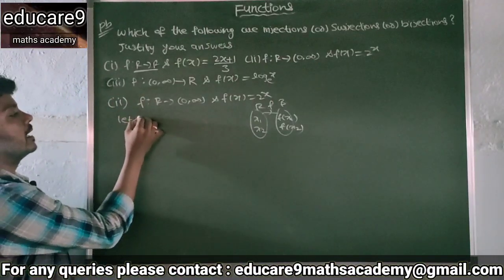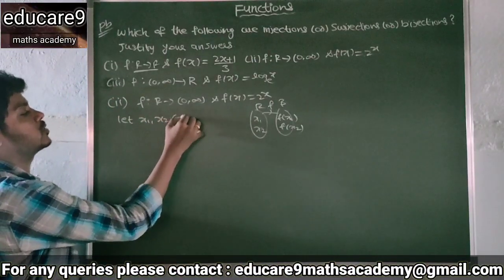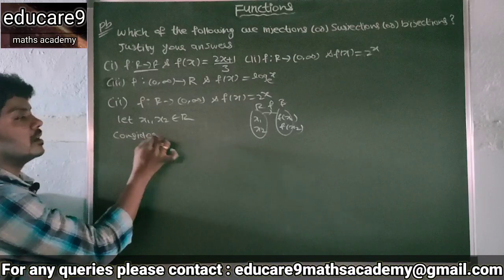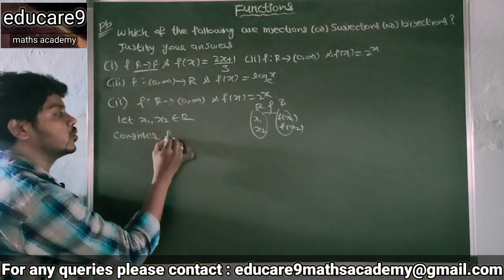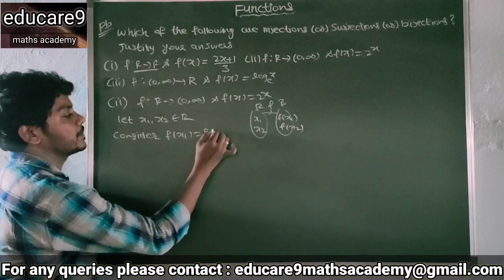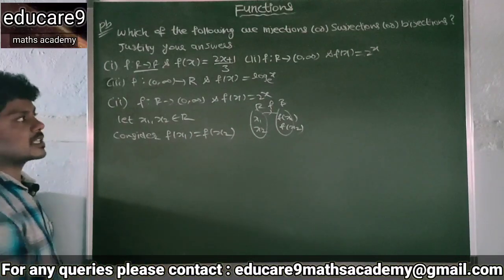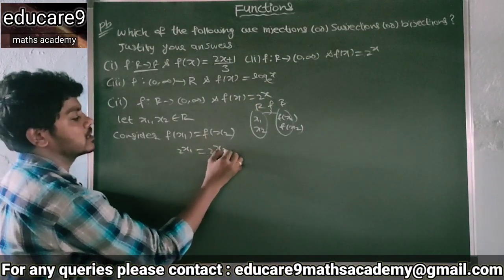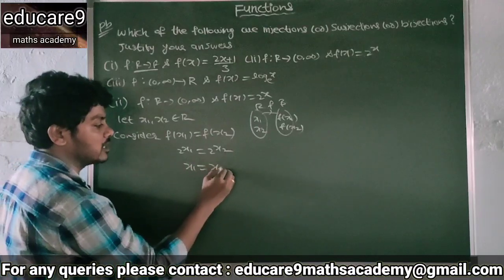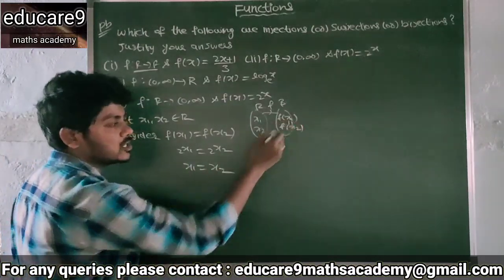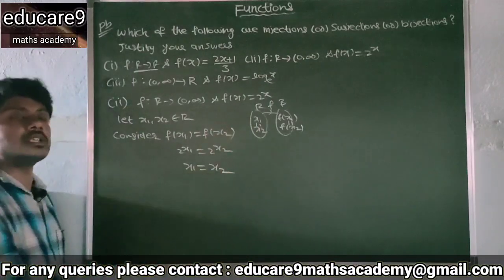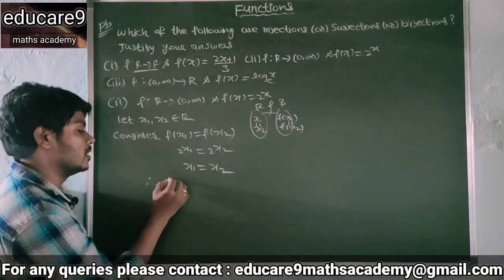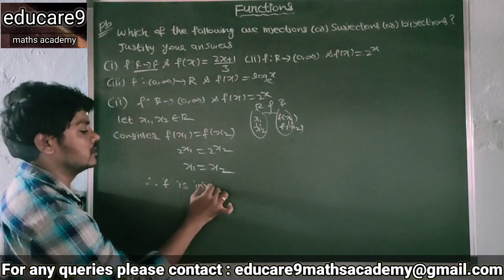Let x1, x2 belong to R. So consider f of x1 equal to f of x2. So 2 power x1 is equal to 2 power x2. From this you can write x1 is equal to x2. Therefore f is injection.